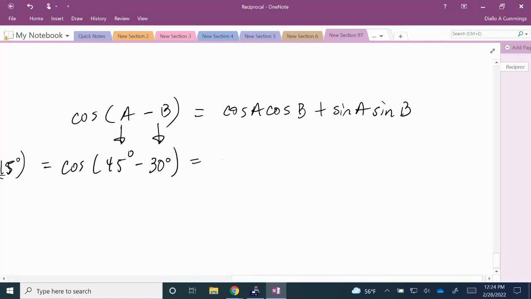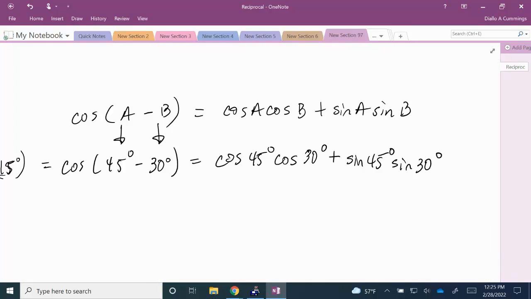All right, so substituting those things in, we have the cosine of 45 degrees times the cosine of 30 degrees plus the sine of 45 degrees times the sine of 30 degrees.